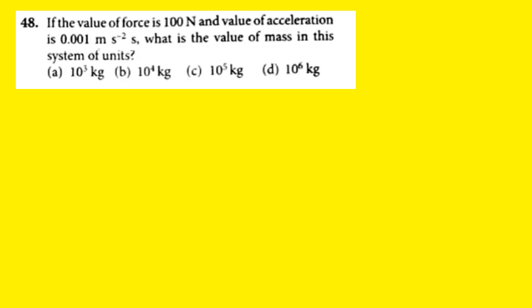Now question number 48. If the value of force is 100 Newton and the value of acceleration is 0.001 meter second minus 2, what is the value of mass in the system of units? So the formula which we are going to use is F equal to ma. We need mass, so F by a, where F is 100 newtons and the acceleration is 0.001 meter second minus 2.